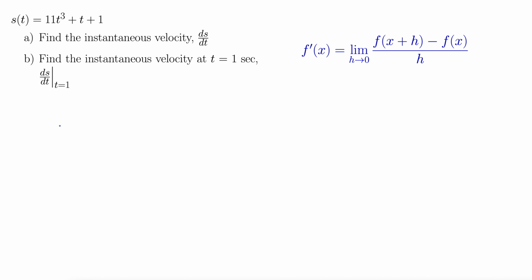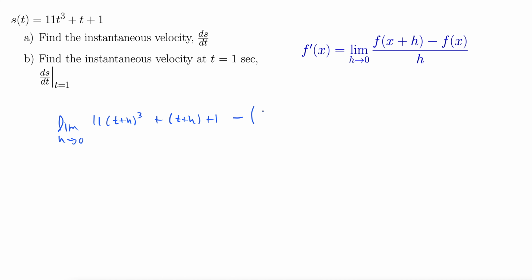Okay, let's do it together. We have the limit as h goes to 0 of, this will be s of t plus h, so 11 times t plus h cubed plus t plus h plus 1. Okay, minus, and then I subtract off the entirety of f of x.